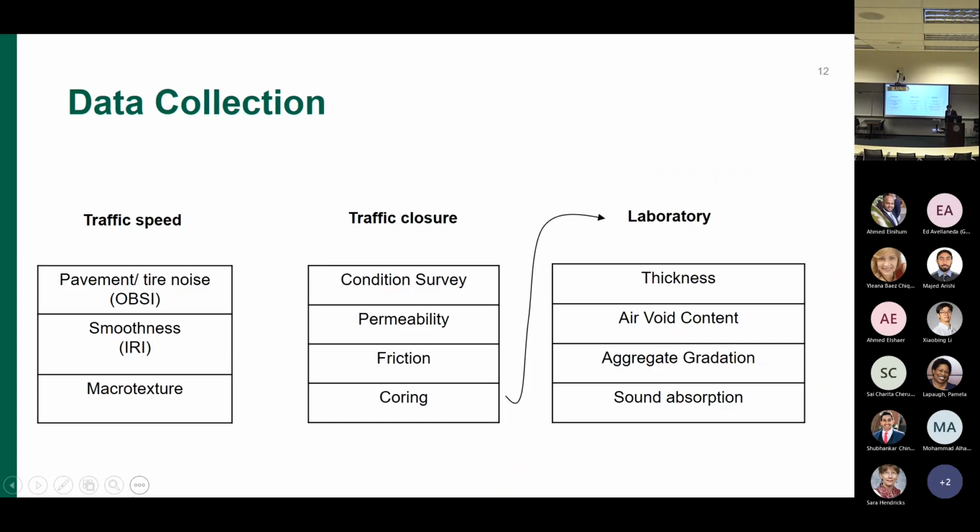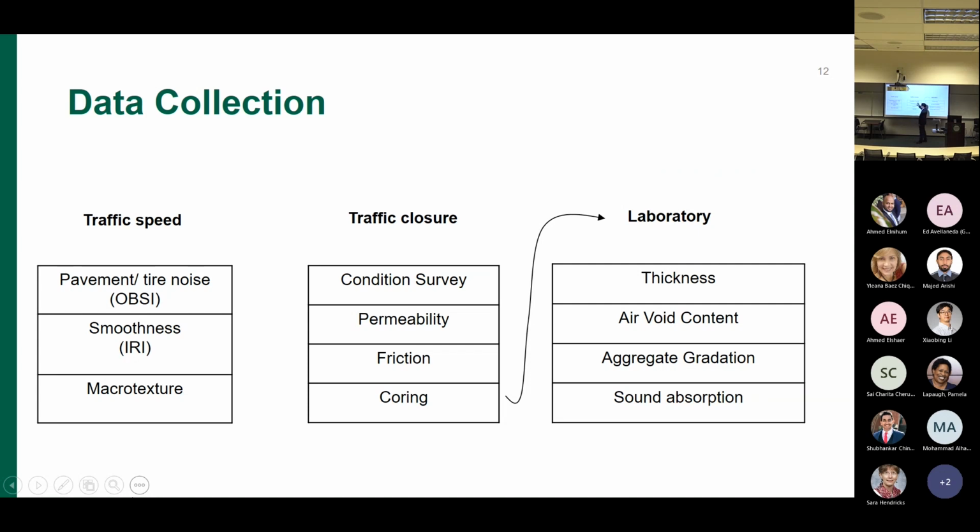So the field study includes a field condition survey, with measurements at normal traffic speed. We measure the noise at the tire-pavement interface using the OBSI method, and we measure the pavement surface smoothness and also the macro texture.